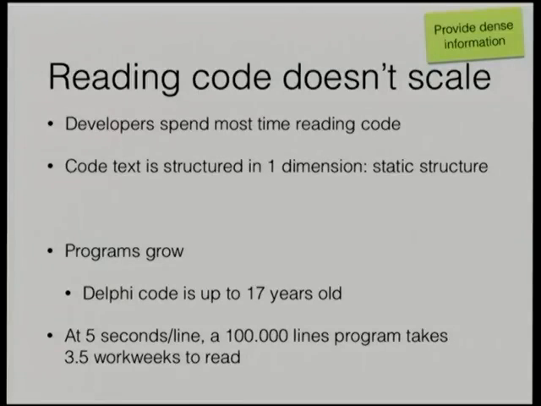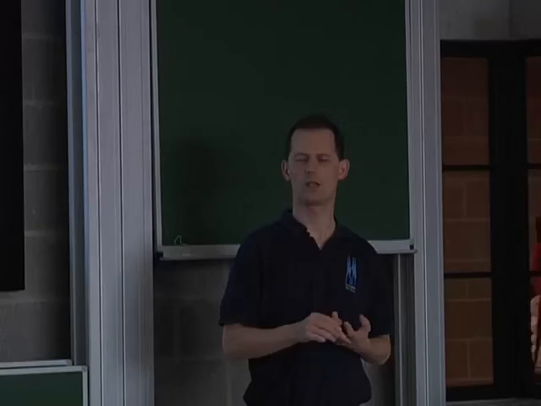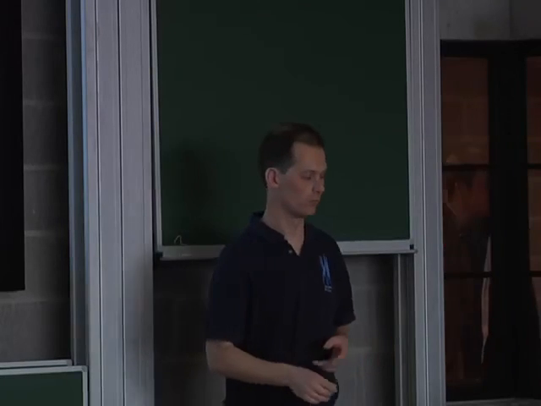And we tend to find larger programs because programs grow as they are used, and Delphi code is 20 years old. Really small programs we no longer find in Delphi because they were already migrated. That's easy. The problems are in the larger programs.